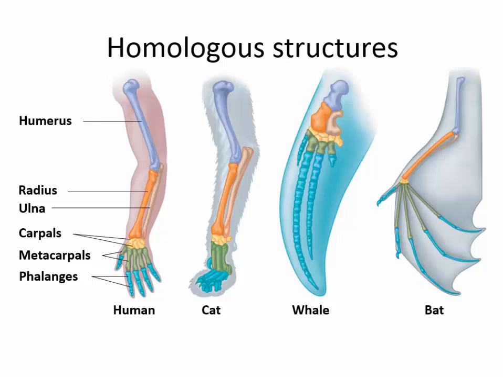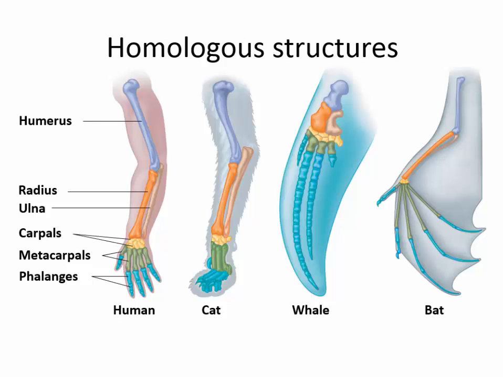In the whale, not so similar, it's very much shrunken. In the bat, extremely elongated and thin. And then when you look at the radius and ulna, very similar to the cat, except the cat has more of an ulna than we do. But in the whale, they're all shrunk down. And in the bat, it's all thin, as it should be.